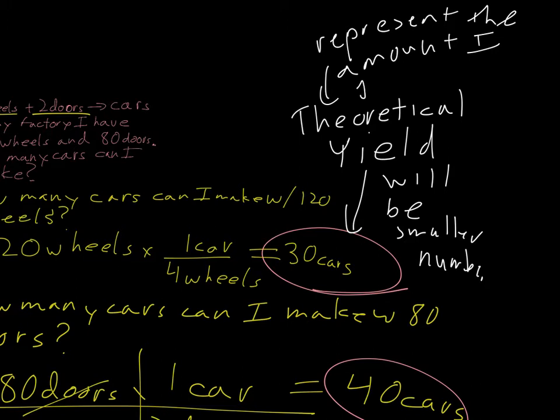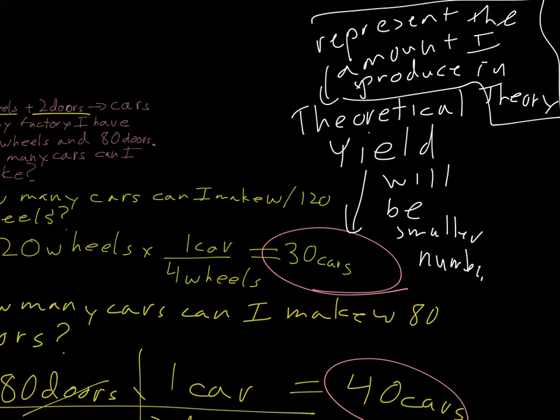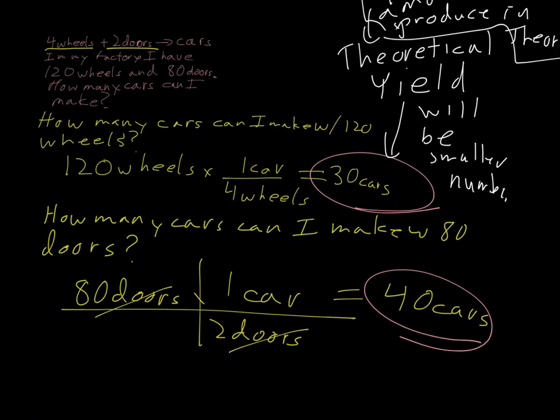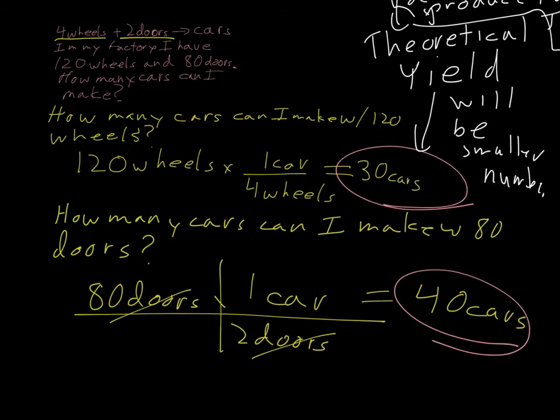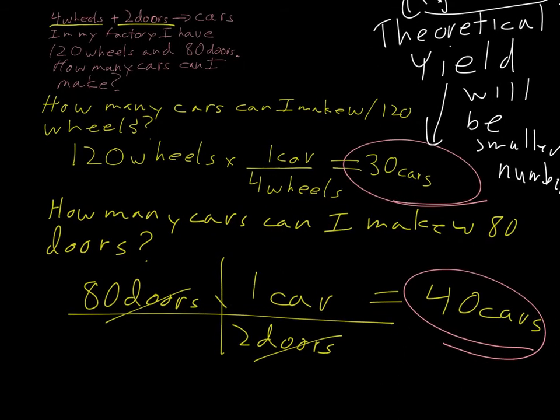I should produce in theory. So my theoretical yield represents the amount of product I should produce in theory. And it's always going to be the lesser of two numbers. It's always going to be the lesser amount when you're comparing the yields between two competing reagents.